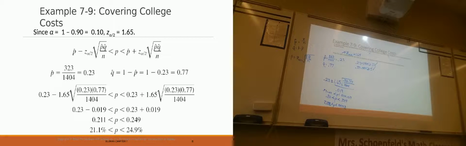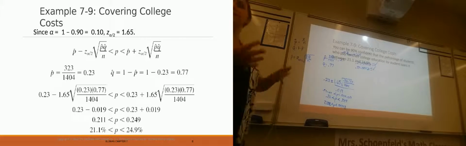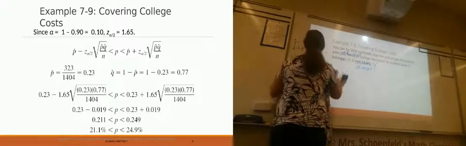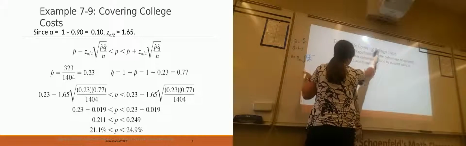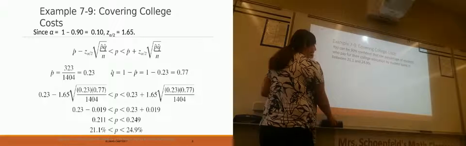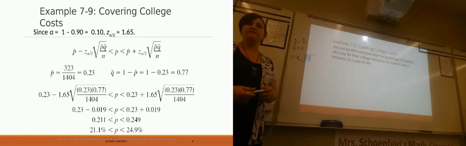Where'd my mousey go? There it is. Okay, so they just went through all the same stuff. Okay, so let's do another one that'll be pretty similar. Okay, so I still have my formula written down. Okay, so 90% confident, that means my z-score is 1.65.